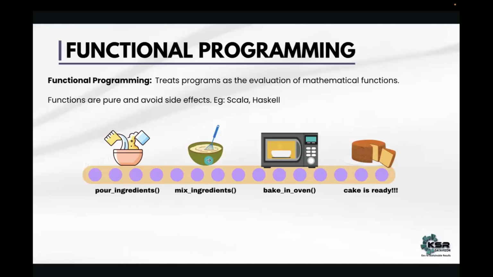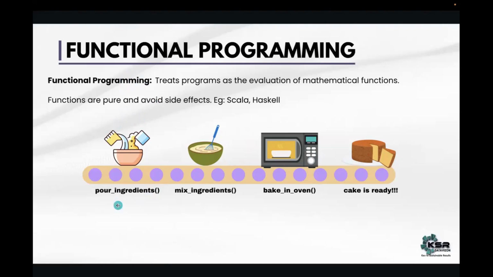That bowl will come here. There will be a mixer above that will mix those ingredients and form the batter. And then using this treadmill, the bowl will go to the microwave, and automatically the microwave will get switched on, and then it will be baked, and the cake will come out. Okay. So these are mathematical functions.